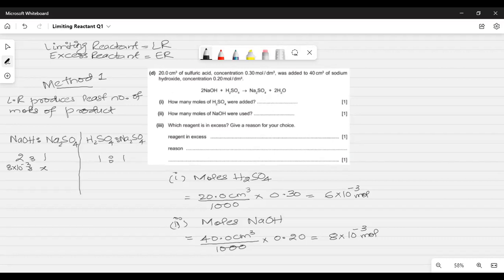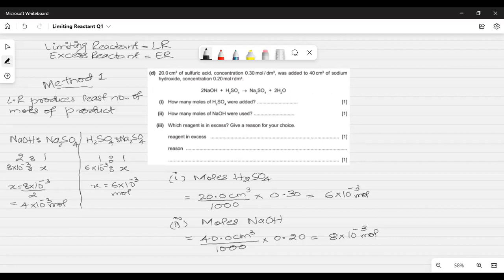And since I have a total of 6 into 10 raised to power minus 3 moles of H2SO4, how many moles of Na2SO4 I'm going to get is going to be X. So X is equal to 8 into 10 raised to power minus 3 divided by 2. For my left-hand side, the answer would be 4 into 10 raised to power minus 3 moles. And for the same kind of calculation, X is equal to 6 into 10 raised to power minus 3 moles as a part of this calculation.